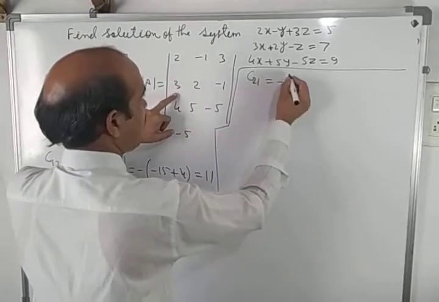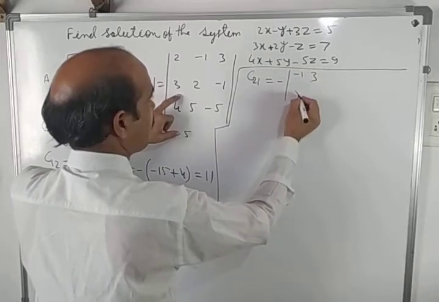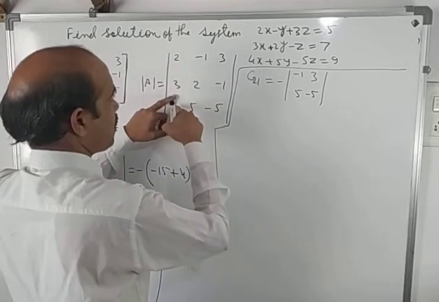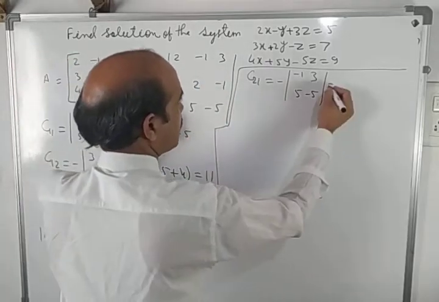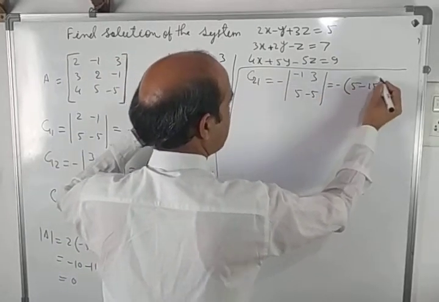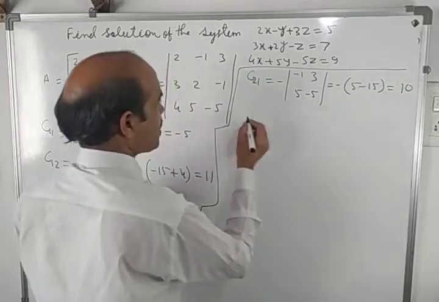So it is negative because odd, minus 1 3 and 5 minus 5, plus 5 minus 15 equal to minus 10, but because of the minus it will be plus 10.